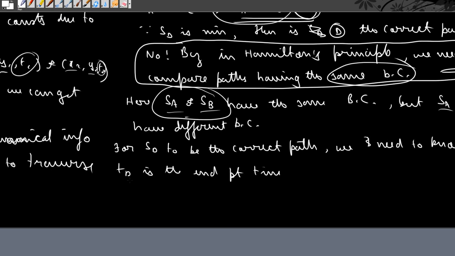So here TD is the endpoint time, plus the variation of S about D is 0. Only if these conditions are met can we say that SD is the correct path. Otherwise we cannot say that SD is the correct path.